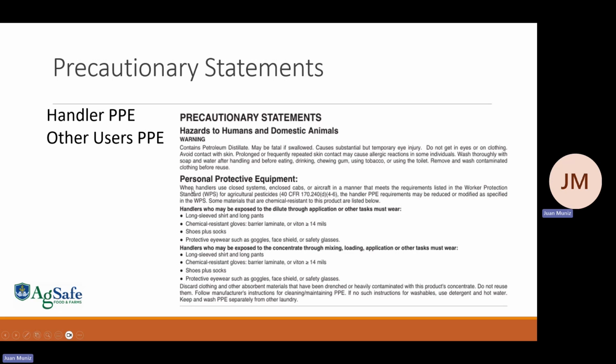Now, directly below that is where we see the specific personal protective equipment. And it has other information there about enclosed systems, closed cabs, aircrafts, gives you a lot of other details, but we're focused more on the sections where it talks about handlers.